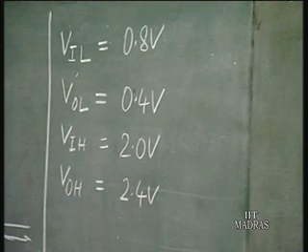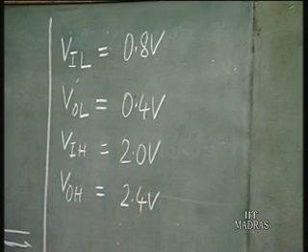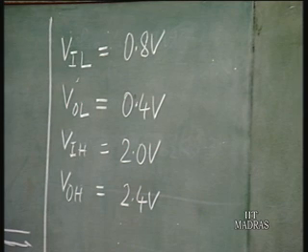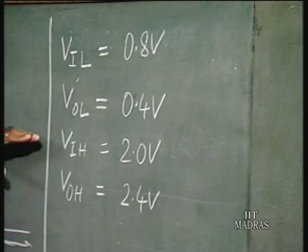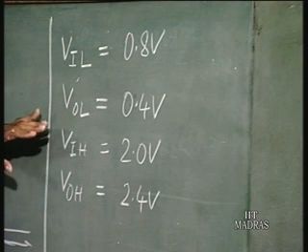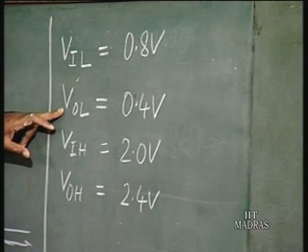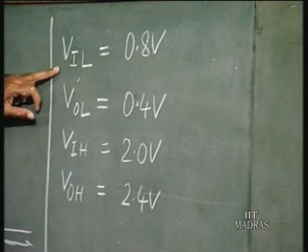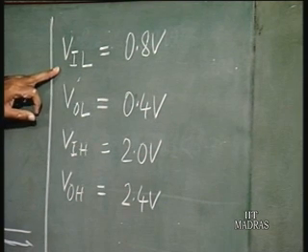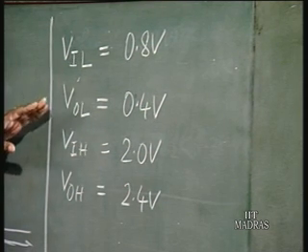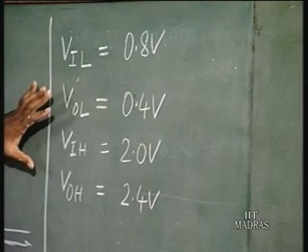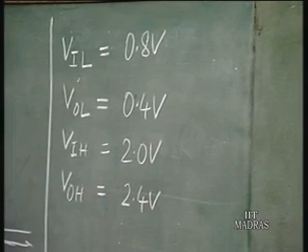These are the specifications provided by the manufacturer, which means that VOL, the maximum value the output can have when the output is low, is 0.4 volts, and VIL, the maximum value of the input which will be considered a logic low, is 0.8 volts, it is somewhere here.